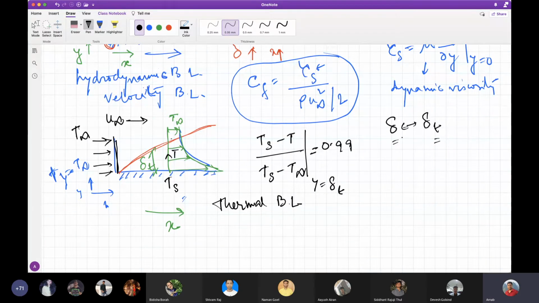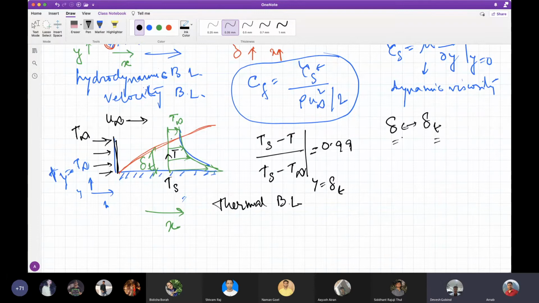How do we estimate heat flux from a surface? Anyone? Thermal conductance coefficient and temperature difference. Temperature gradient, yeah. And by which law do we get that?